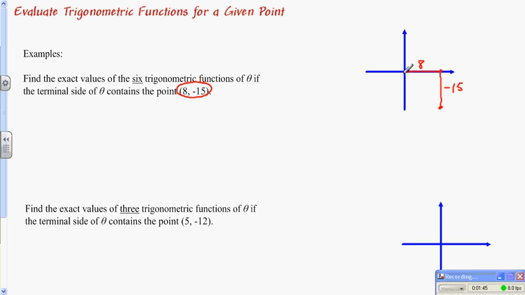And then we have this radius, or hypotenuse, coming from the origin. We will need to find out what r is for us to get all of our 6 trig functions. To do that, we use Pythagorean. So we say 8 squared plus negative 15 squared will equal r squared.